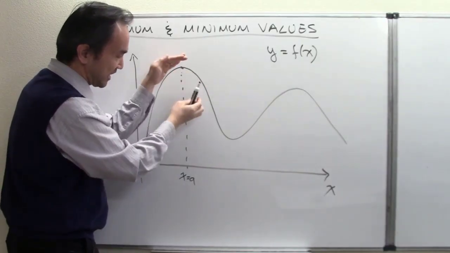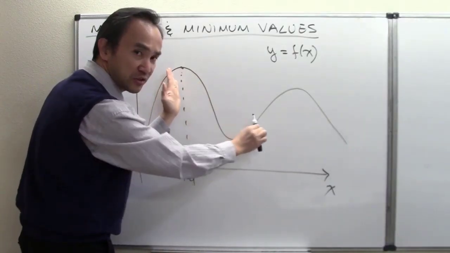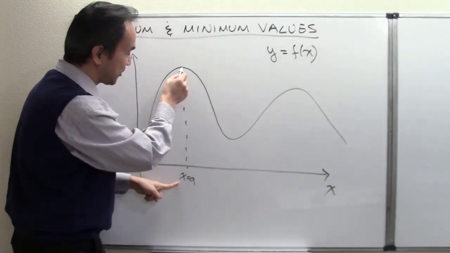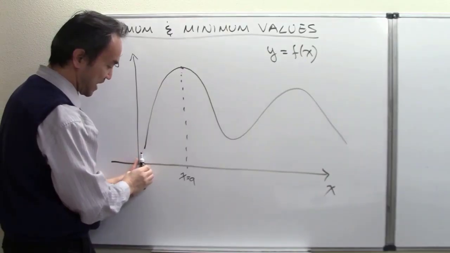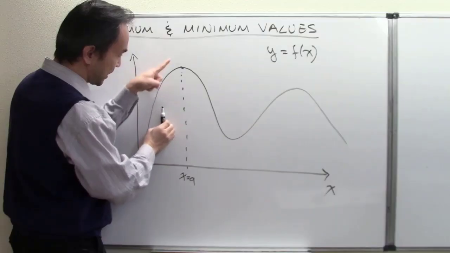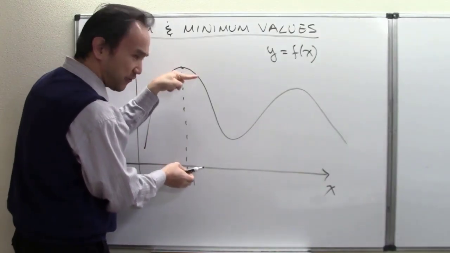Falling, once again, means the y value gets lower and lower as we go further to the right. So x equals a is a point where the function stops rising, because it was rising as x goes from the left to the right, up to that height, and then it stops rising and starts falling again.